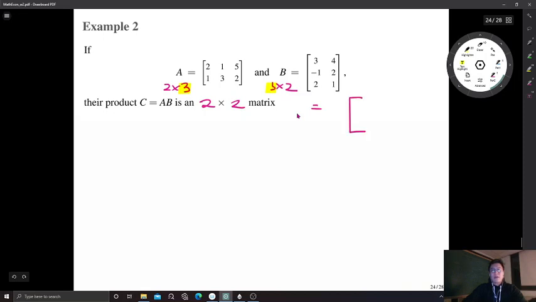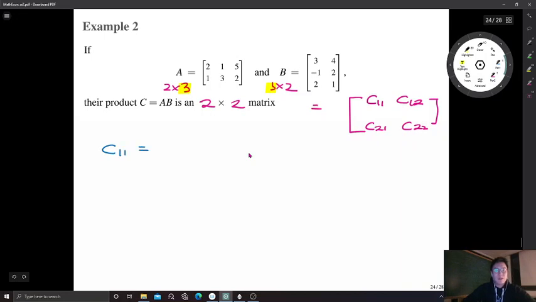So it takes this form, C sub 1, 1, C sub 1, 2, C sub 2, 1, and C sub 2, 2. Okay? It's going to be a square matrix. All right. Then how do you compute C sub 1, 1? Now you can see some pattern.